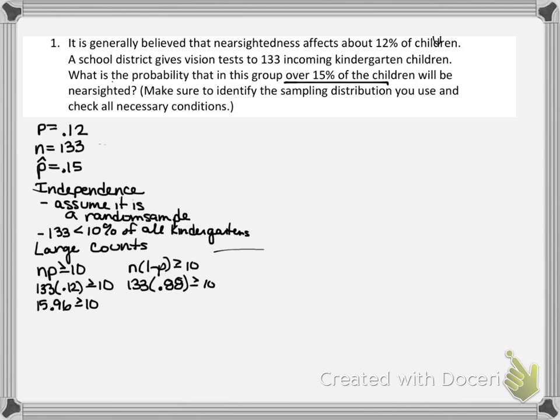Do the same thing, 133 times 0.88, and that's 117.04. It's greater than 10. So we meet the large counts, and so we can apply a normal model. So conditions met.